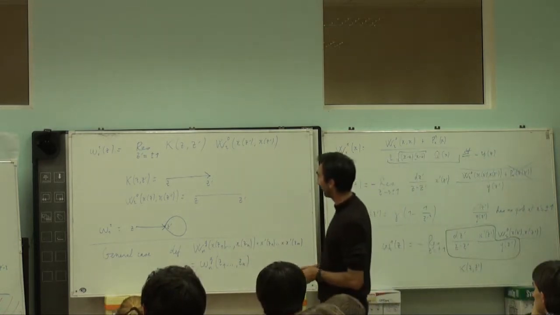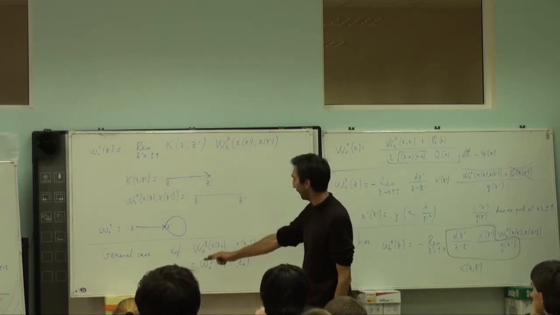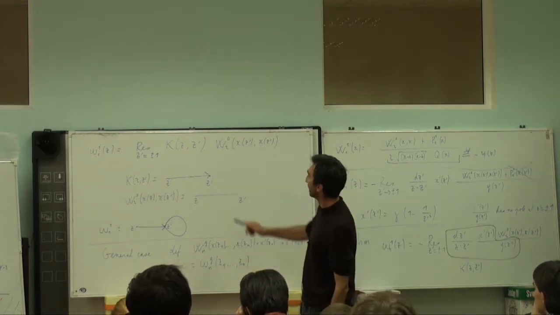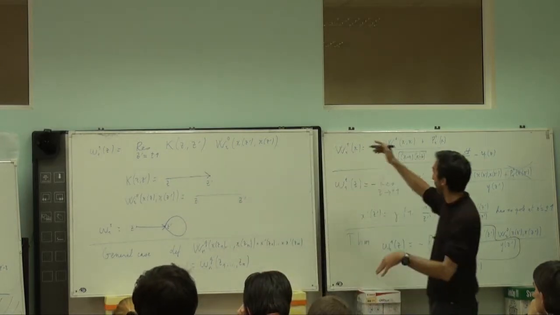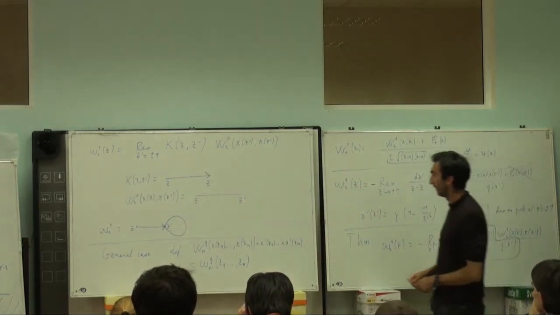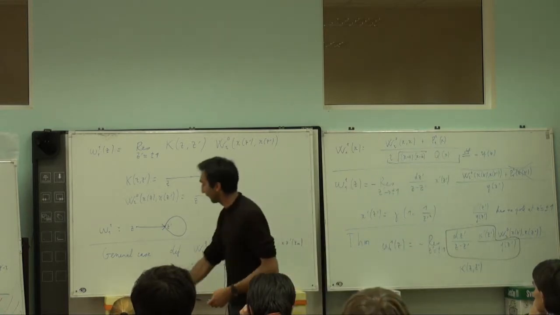And the idea is that every omega n g will be given by a similar formula. You can prove it by Tutte's equation, exactly doing the same steps I did here, and it can be represented graphically.